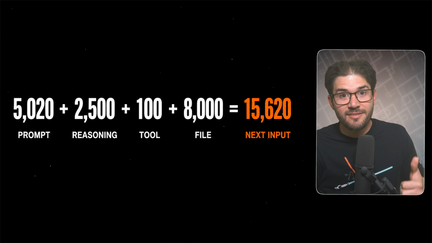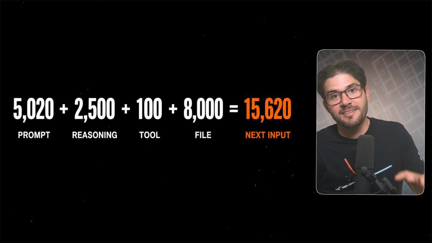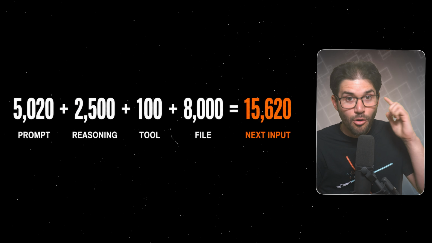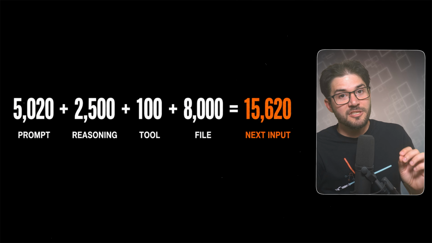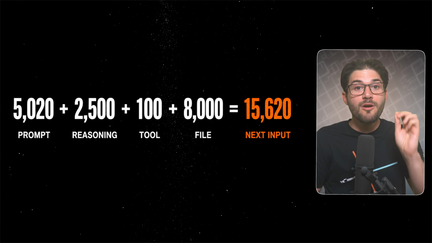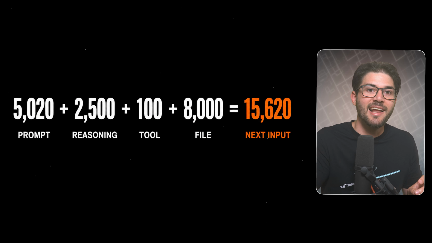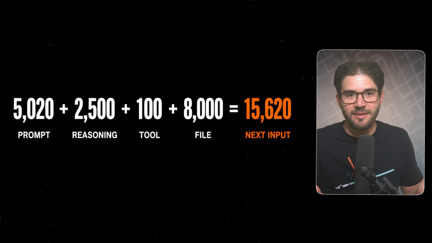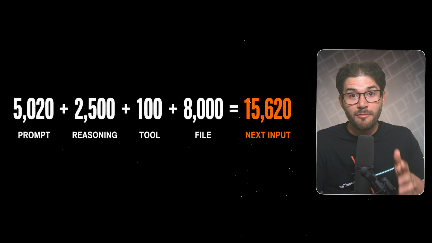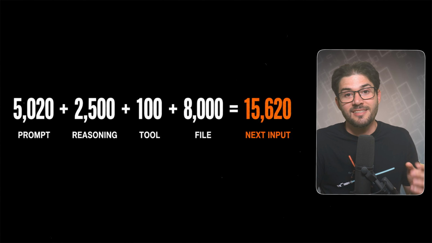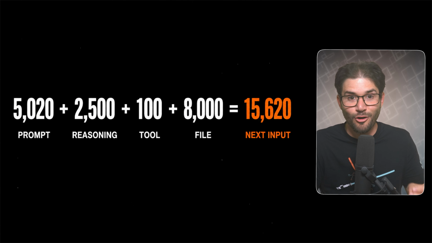The new input context is the original prompt, 5,020 tokens, plus its chain-of-thought, which is 2,500 tokens, plus the tool call of 100 tokens, plus the file content of 8,000 tokens, for a total input for the next step of 15,620 tokens.